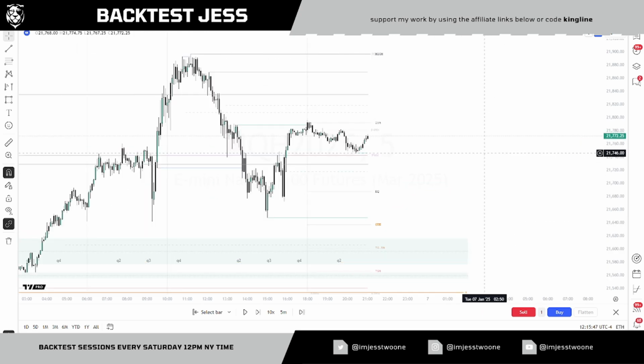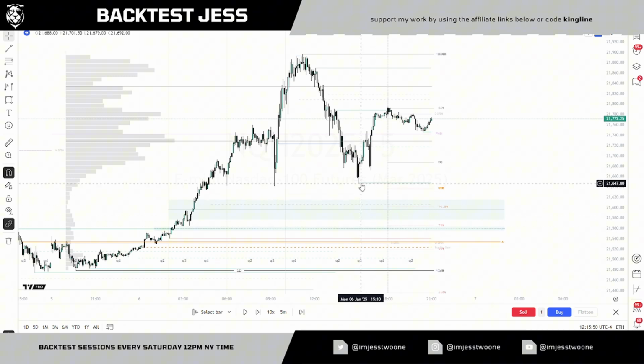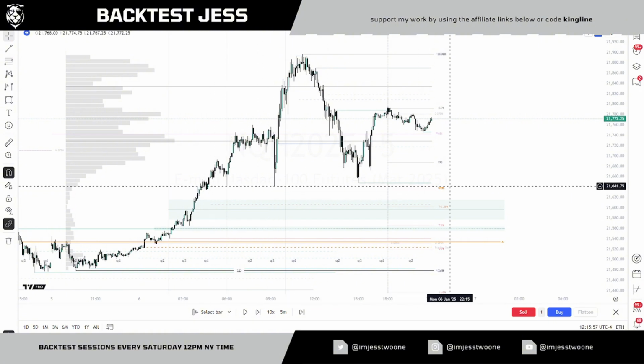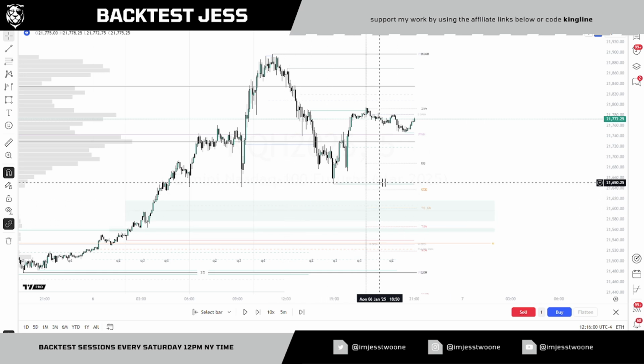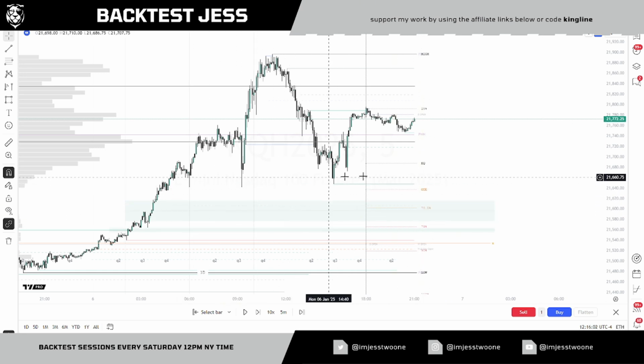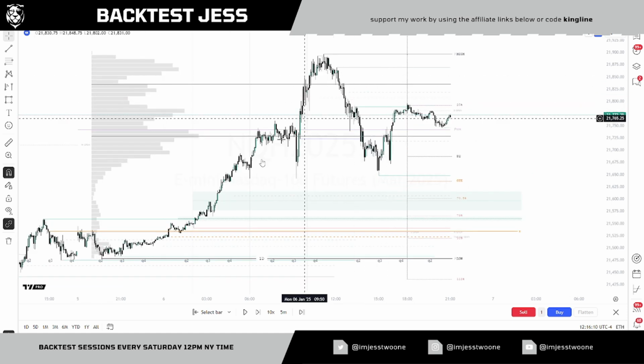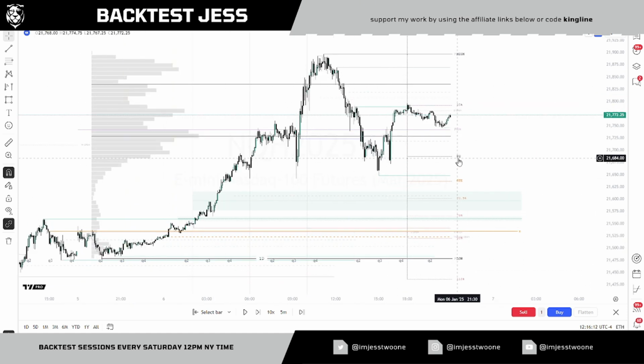Alright, so we have PD arrays here, we have PM session here, and OTE 0.618 right here. So I think it's safe to say this area is where I'd like price to go down to, or return to, before we seek a long. Previous day closed bullish based on how OTE is presenting here. Just looking at it on a lower time frame, we opened down here, we closed up here, so we closed bullish.